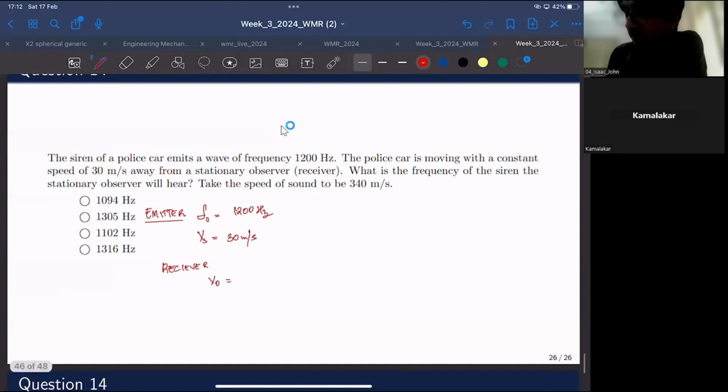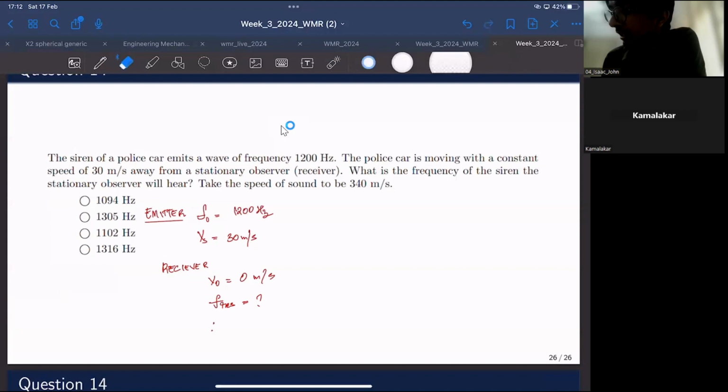It asks what is the frequency of the siren the stationary observer will observe. So F receiver, what will be the frequency as observed by the receiver? And you are also asked to take the velocity of sound, which we denote as C, as 340 meters per second.